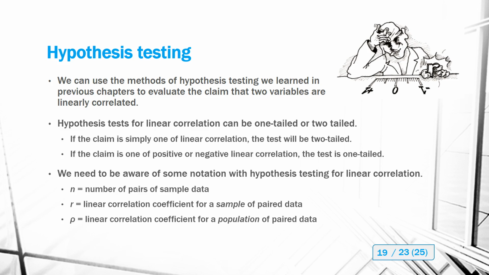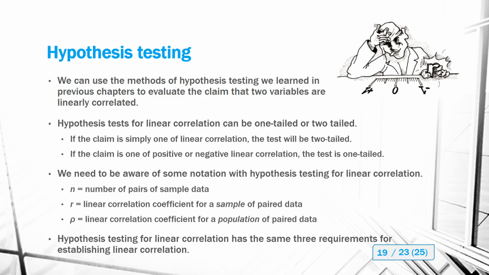Why are we using the Greek letter rho? Well, again, your authors use the lowercase letter r to represent the linear correlation coefficient for the sample. Many people use a capital letter R for the same thing. So we can't be using capital letter R for the population because that's just going to get some people confused. So we're going to move to the Greek alphabet then, and use the Greek letter rho.